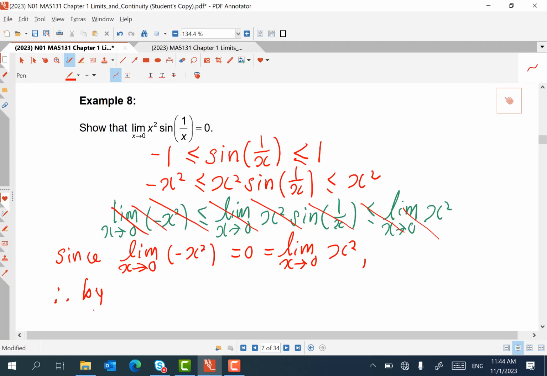Therefore, by, over here I write ST, meaning squeeze theorem, of course, but you want to actually spell it out in your own working. I want to caution you, if in the exam you write the things in green color, you get 0.